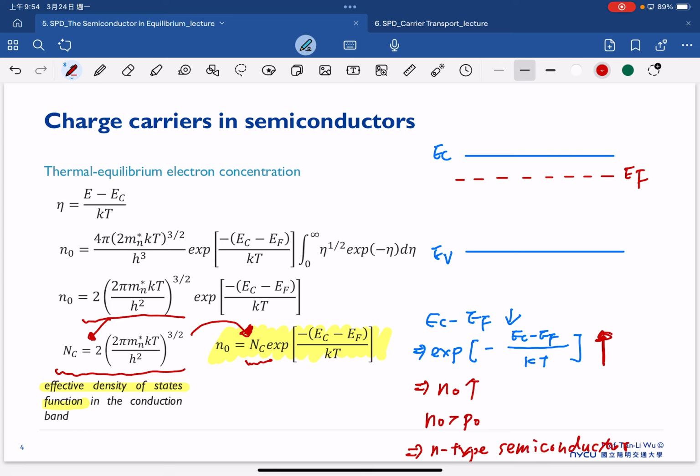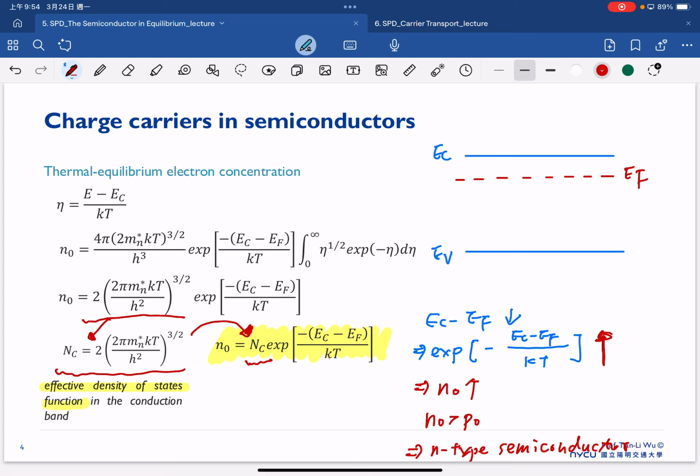So this conclusion is very important. You don't have to remember the equation all the time; once you pass this course, you probably won't need to remember this equation anymore. But at least the physics suggested by this equation is important.